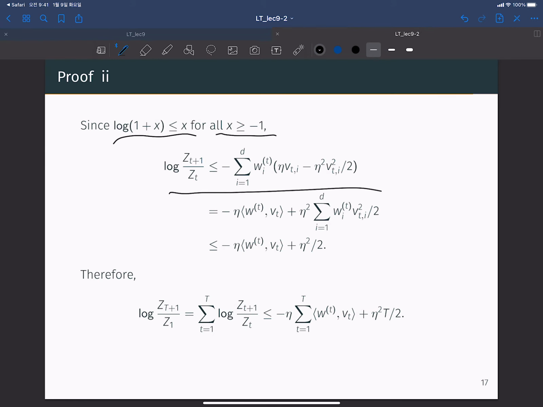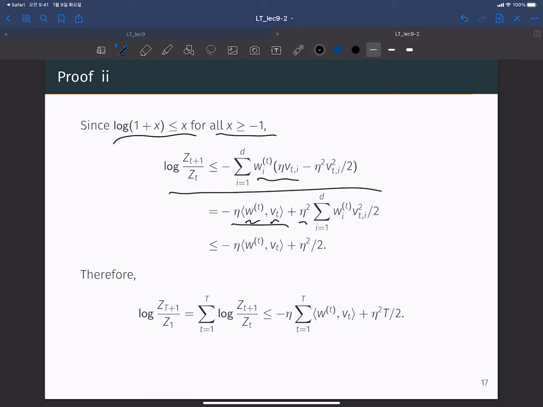So we can rewrite this part as an inner product: eta times the inner product between w_t and v_t, the selection probability and the cost, plus eta squared times the summation over i from 1 to d of w_{i,t} times v_{t,i} squared, over 2.